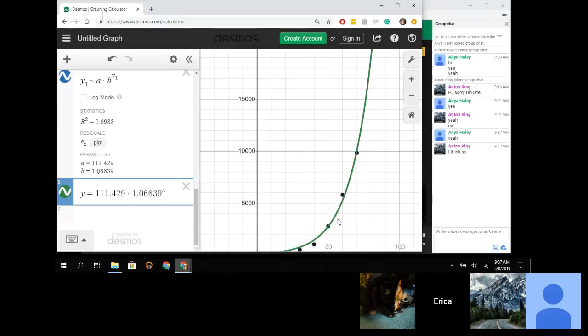Let me know if you guys have any questions. I will send out a little mini quiz by the end of today. And it'll just basically have a little problem from each section. It won't be weighted the same as a whole test, but just kind of a check for this section that we did.